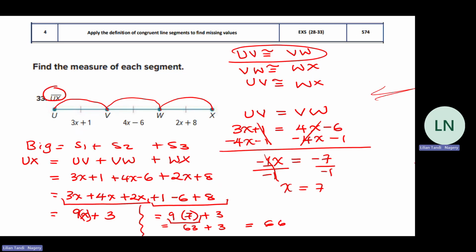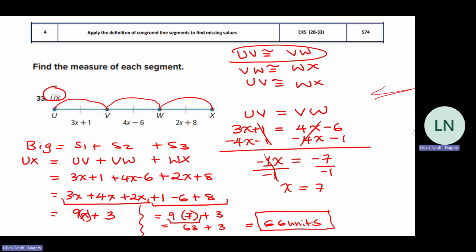Excuse me, where's my pen? It keeps disappearing. Okay, 66 units. And you box your answer for UX.